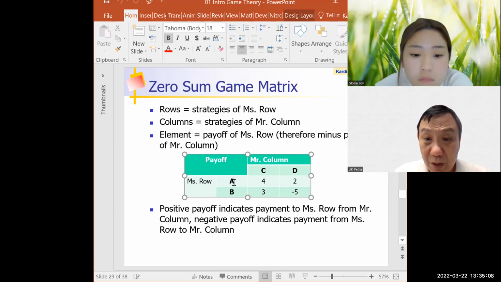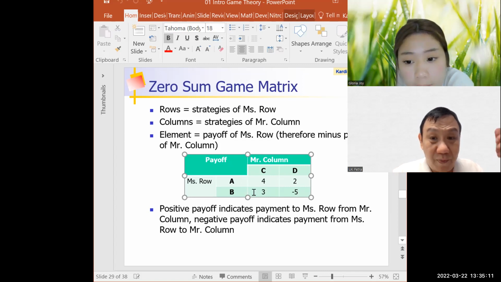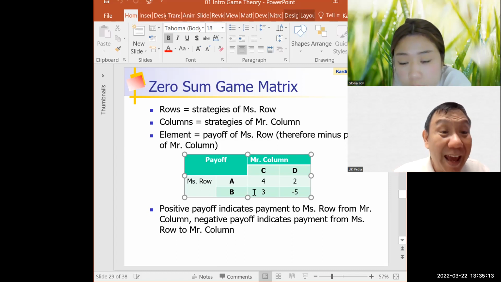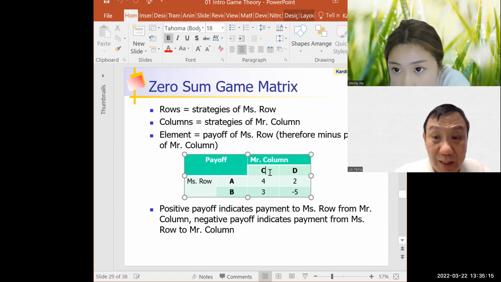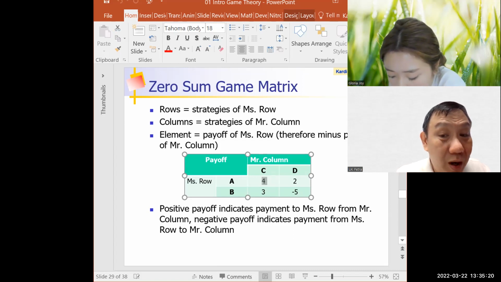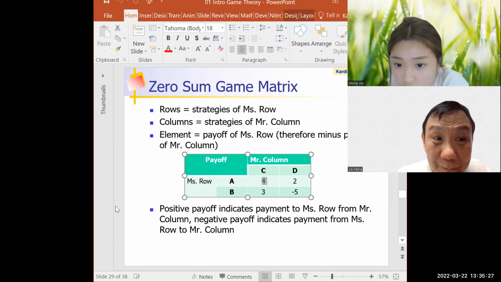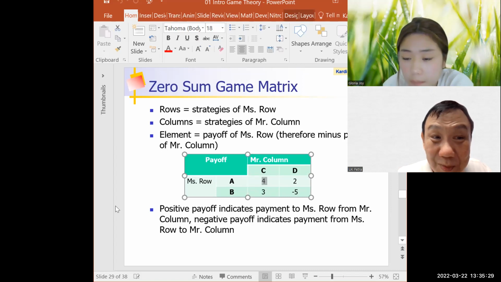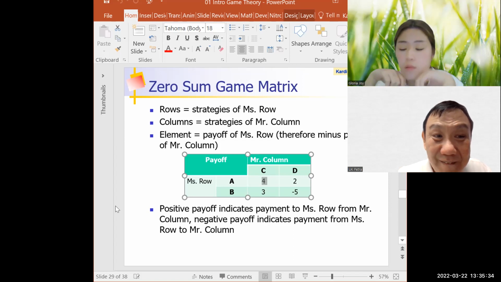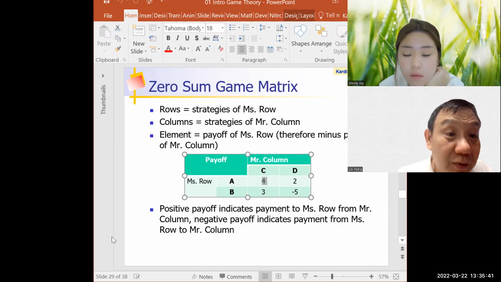If Miss Row selects A and Mr. Column selects C, Miss Row will get 4 and Mr. Column will get how much? It's a zero-sum game, so if Miss Row gets 4, Mr. Column will get minus 4.